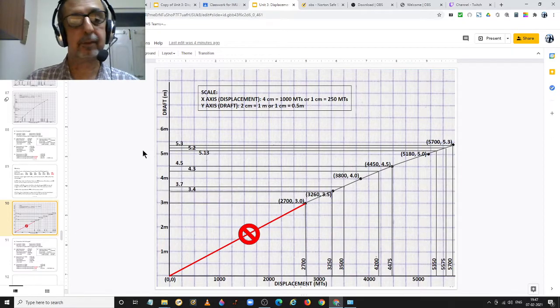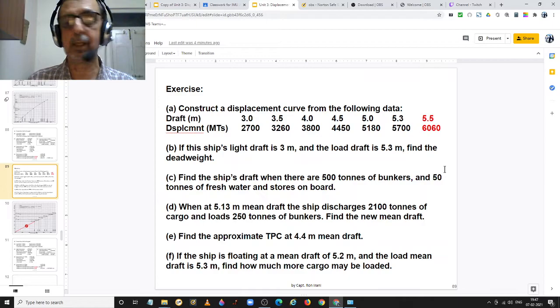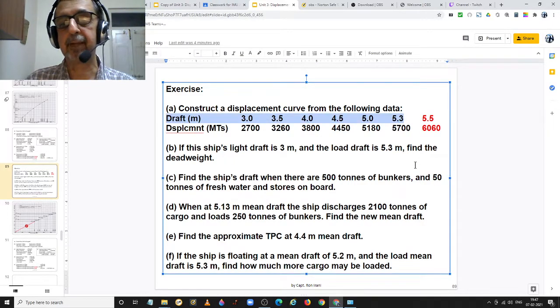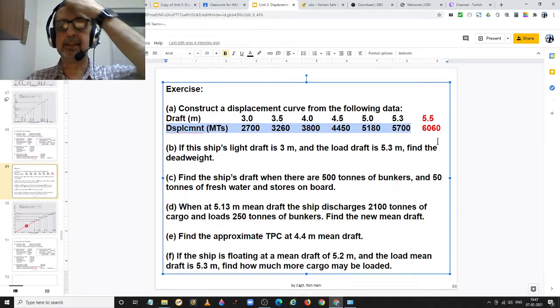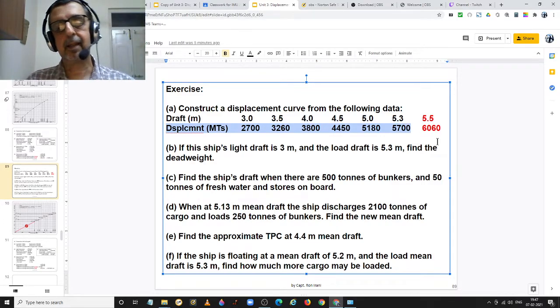Here, because of the non-availability of space, I have taken the liberty of drawing the graph only until 5.3 meters instead of 5.5 meters, and displacement until 5,700 metric tons instead of 6,060 metric tons. Otherwise, the graph stays the same.